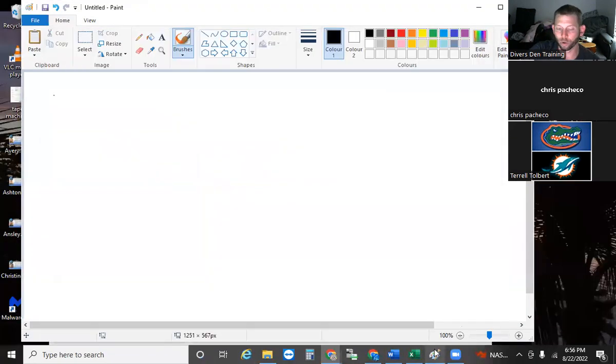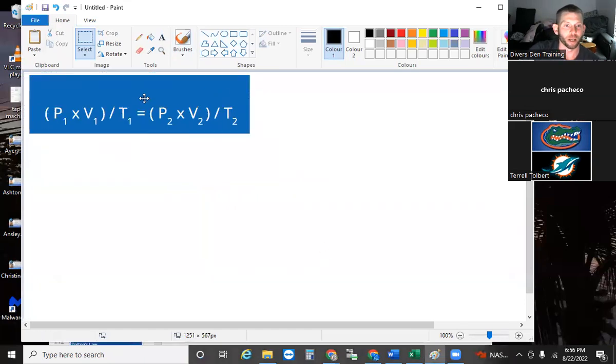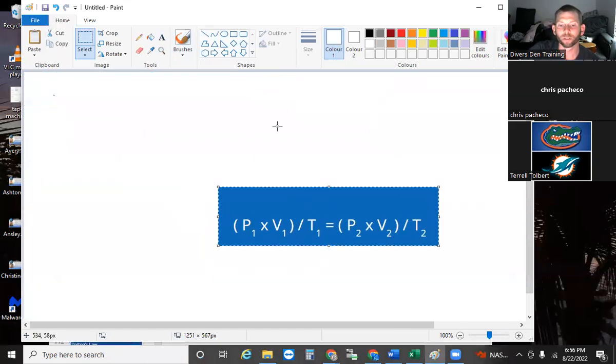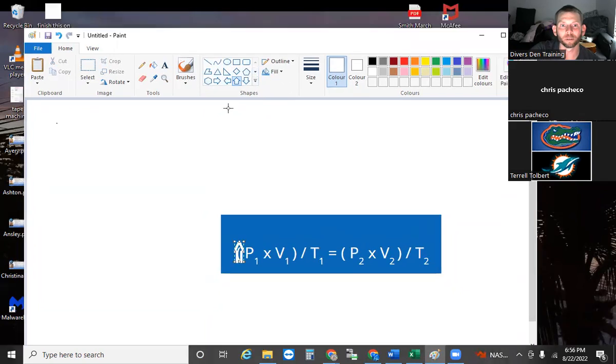So if I wanted to say, for instance, my pressure goes up and volume in there, and this is going to move, and the rest of it stays the same, and this stays the same.